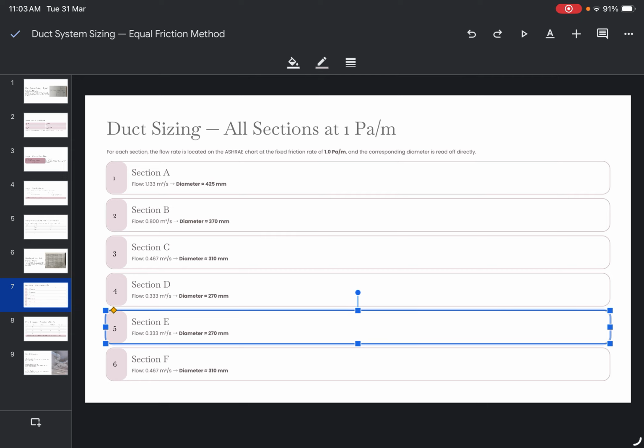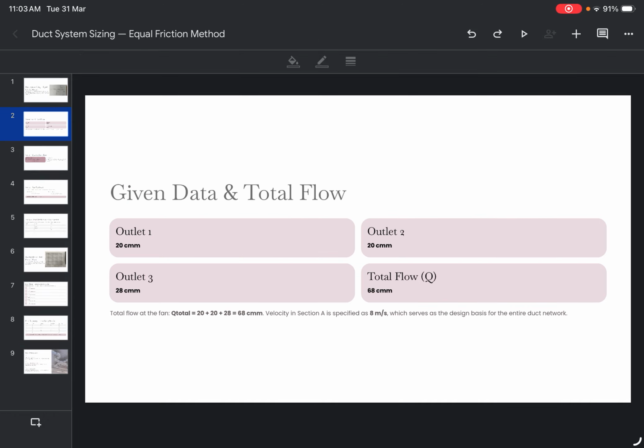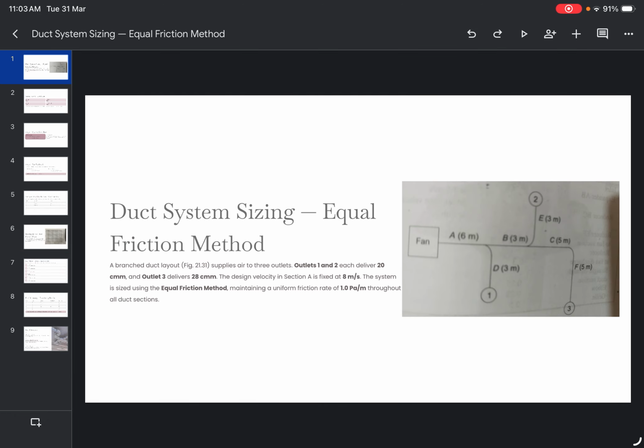And how do we get the flow rate? For finding the flow rate, you know that at section 1 the flow is 20, this is 20, and this is 28. Okay, you can find the corresponding diameters.